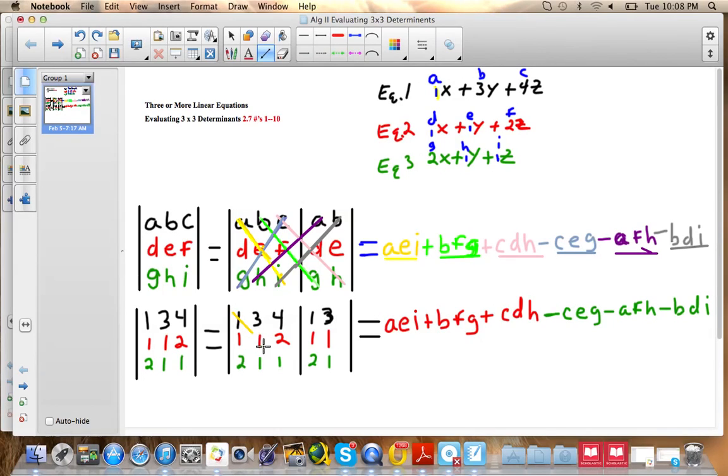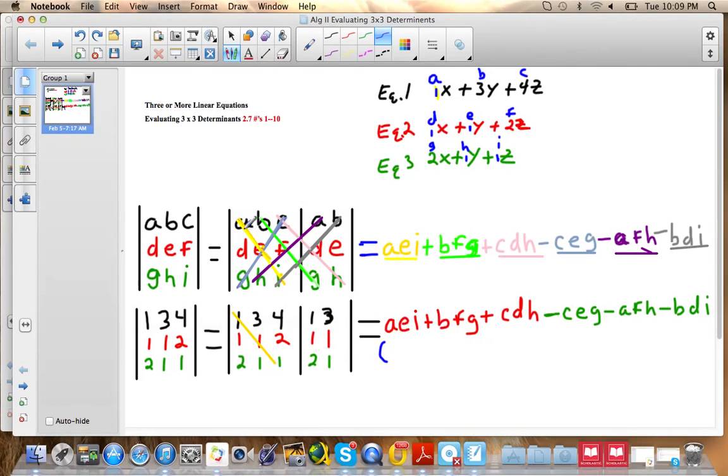A, E, I. Okay, that's what corresponds with that. So what I want to take a look at now, this is going to be a little bit different. I'm going to start one at a time, but let's take a look. What do I really have here? Let's look at AEI first. AEI. So I'm saying A times E times I.